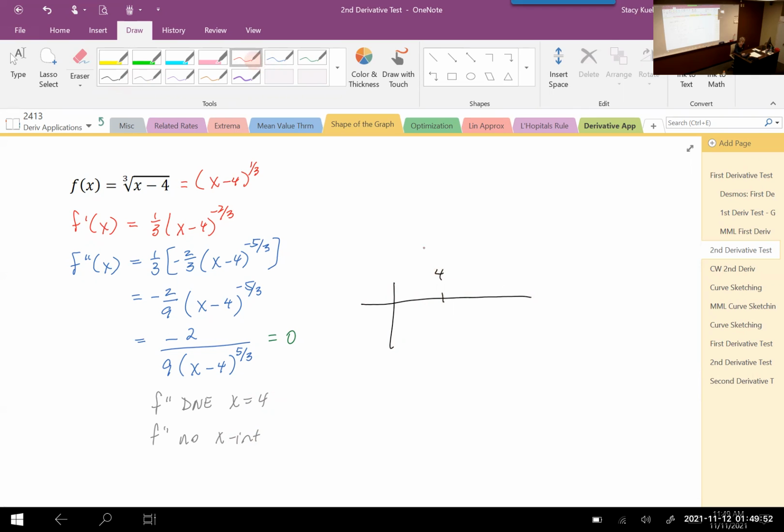And remember, f double prime does not exist here. So is the function concave up or concave down to the left of 4? Concave up. Is it up or down to the right?